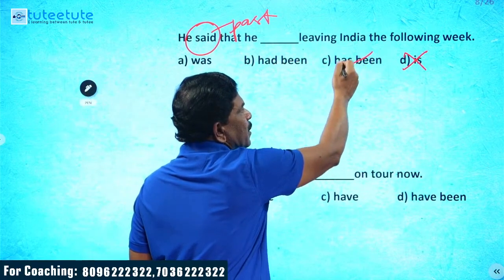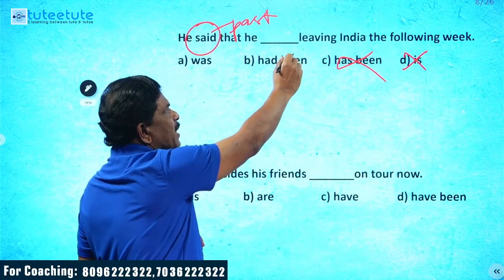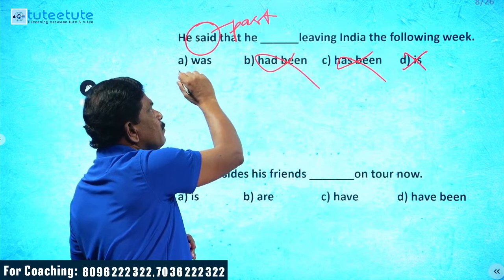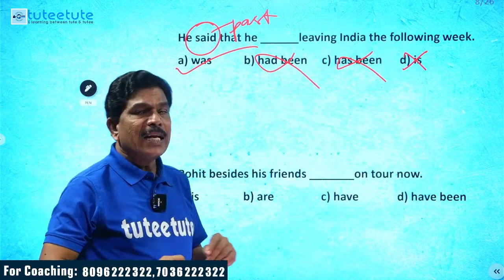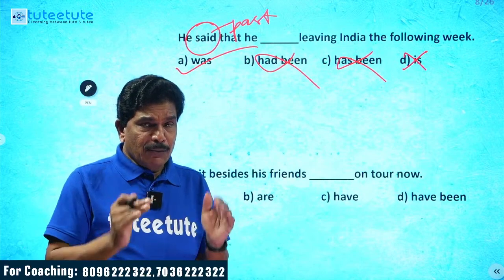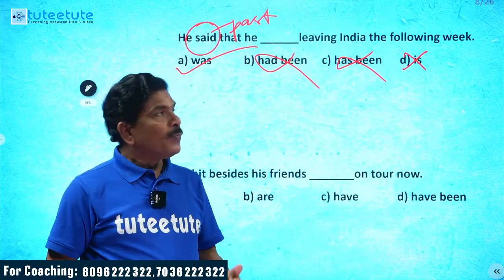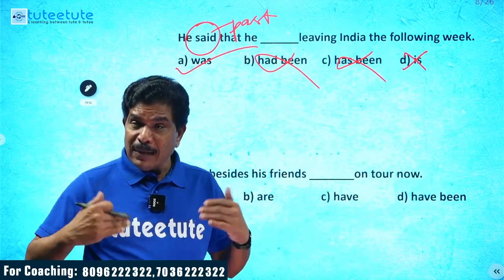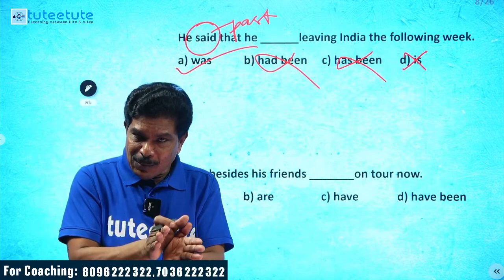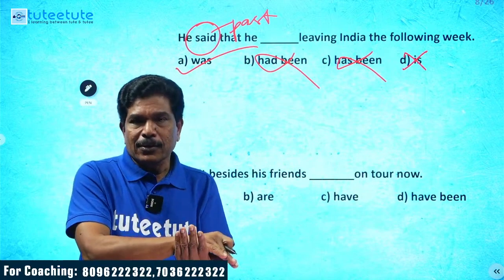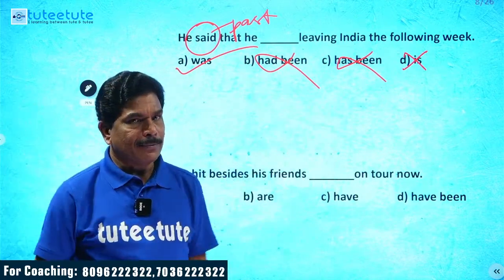Has been is wrong. That is also present. Had been is past perfect continuous. Therefore, the answer, he said that he was leaving India. In fact, what did he say? I am leaving India next week. When the same sentence is narrated, he said that he was leaving.